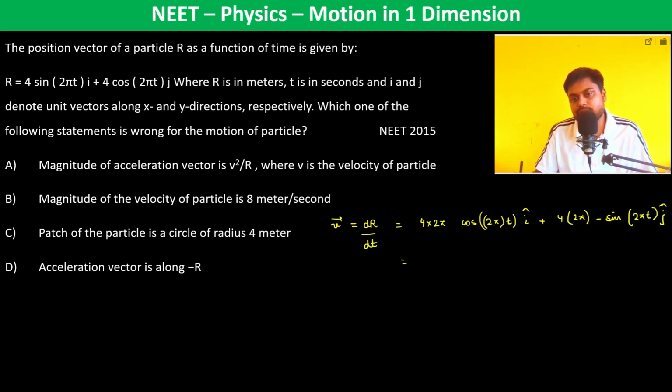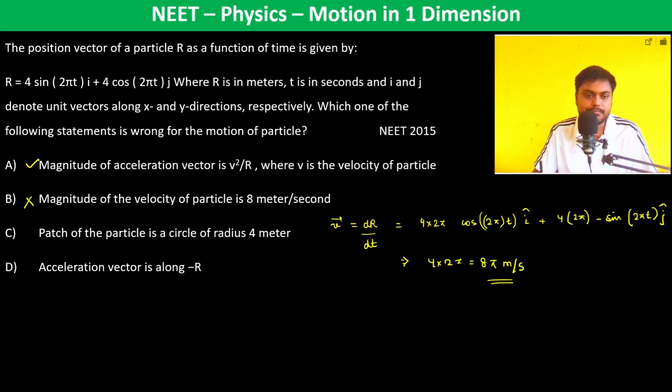Therefore the magnitude is going to be 4 into 2 pi, which is 8 pi meter per second. So it is not 8 meter per second. This is wrong.